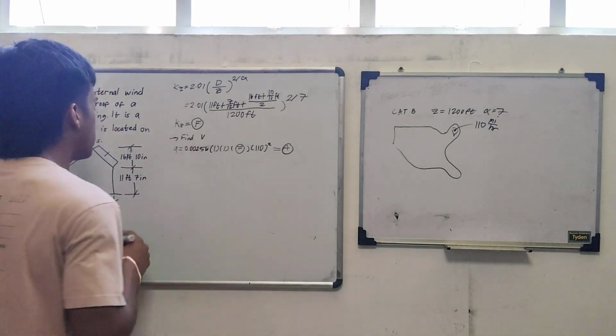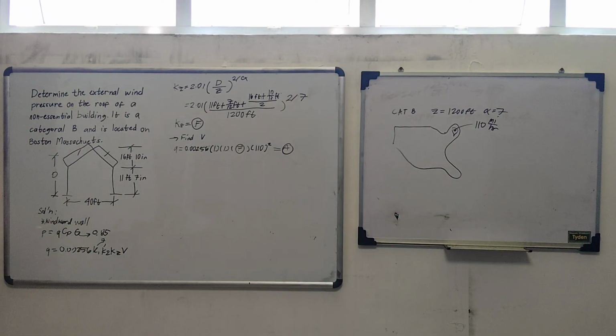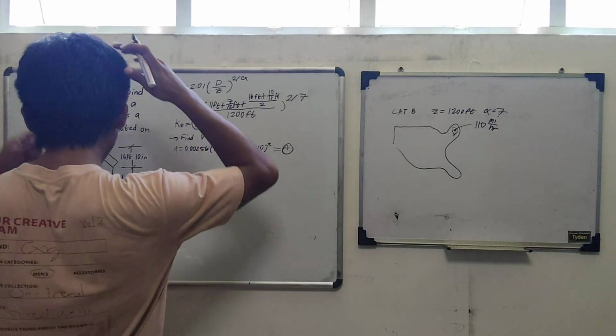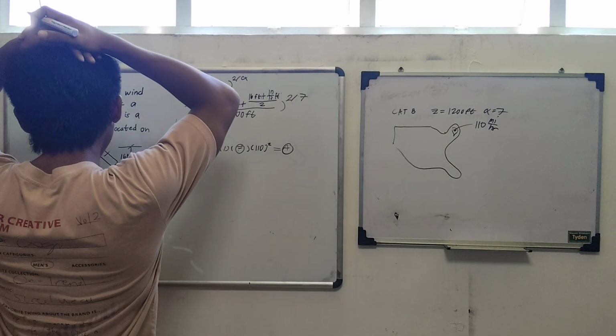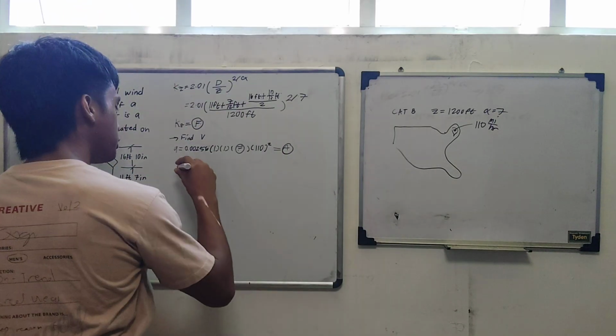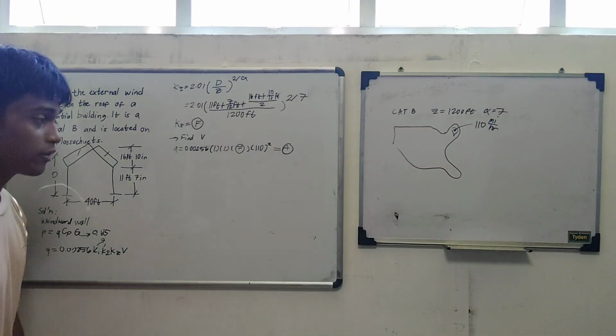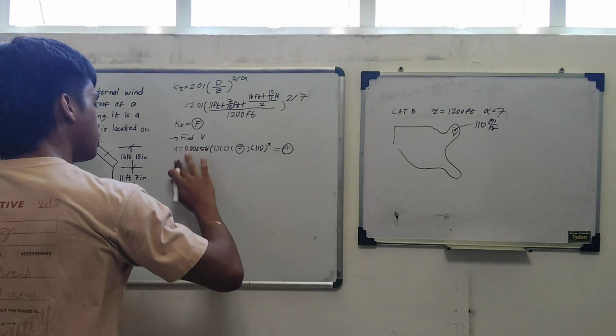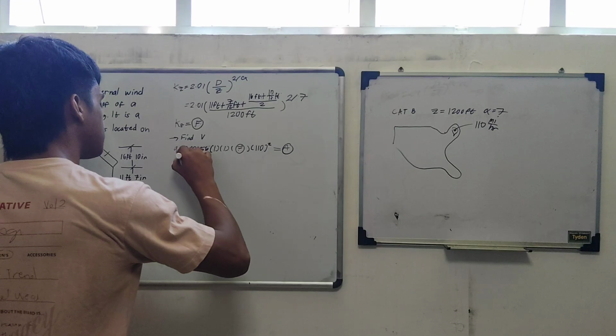Let's say windward is what we want first. For windward, you need the ratio of h over L, so I need to find h over L first.